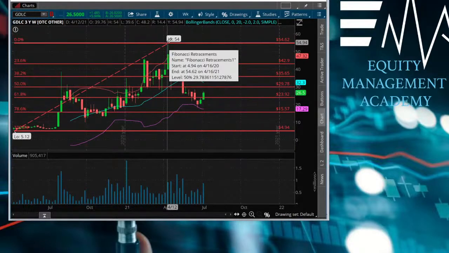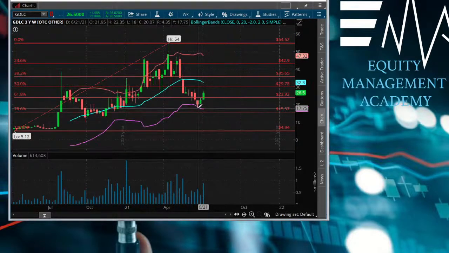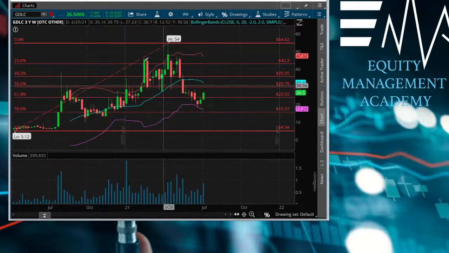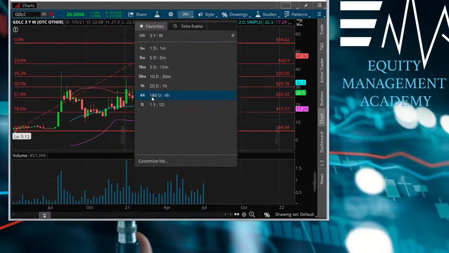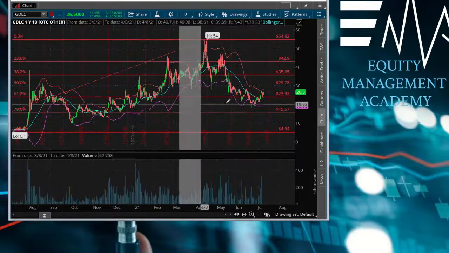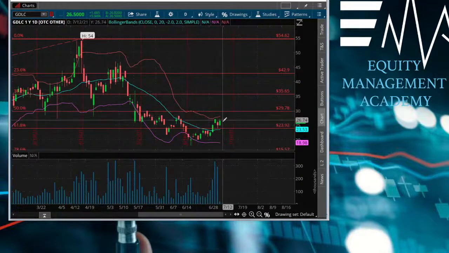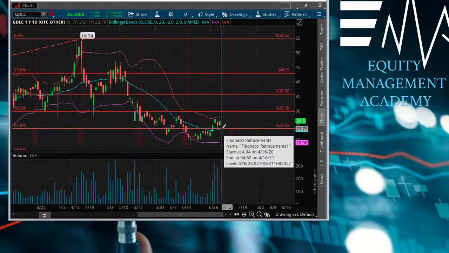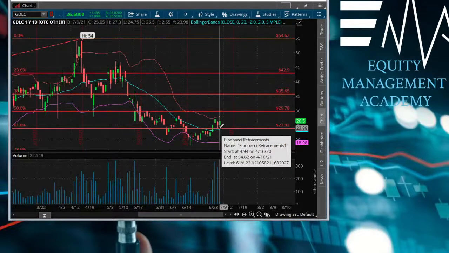So one of the reasons why I wanted to focus on this is because I realized that we've come down into a completion pattern in a level that indicates a high probability that this instrument should be bought. And so you can see, if we move into a closer time frame, the daily, the market is trading above the golden ratio average.